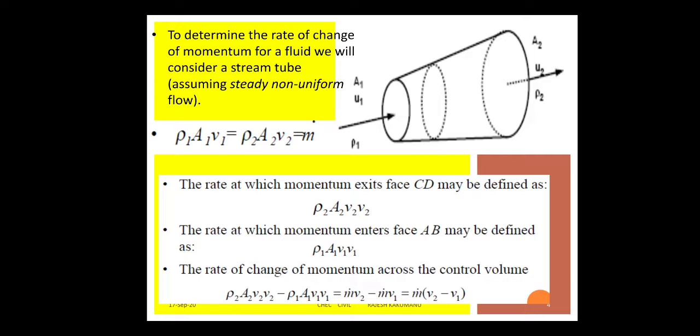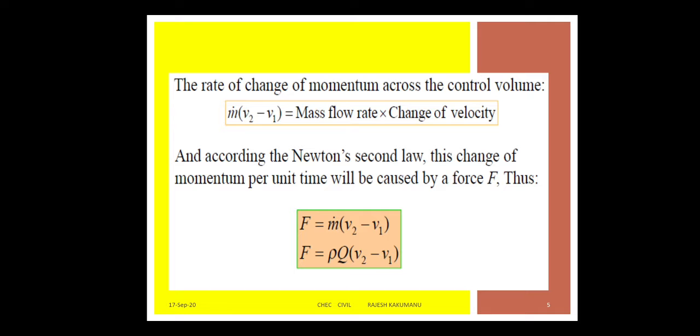That is the simple rate of change of momentum. Next, the rate of change of momentum across a control volume is given as m of (V2 minus V1), which is mass into change in velocity. We can write this as mass flow rate into change in velocity.